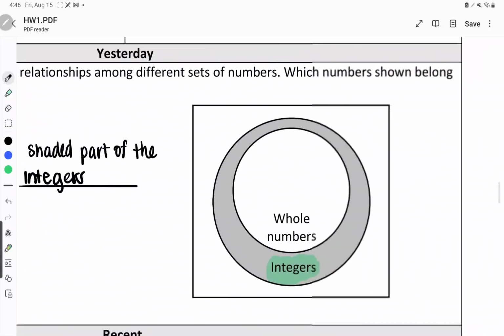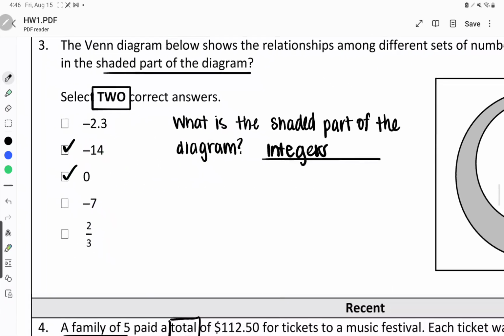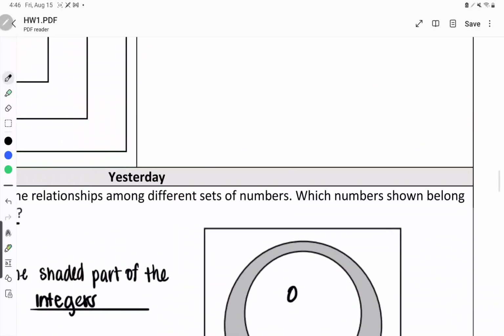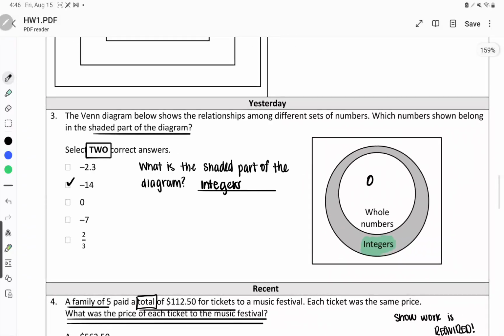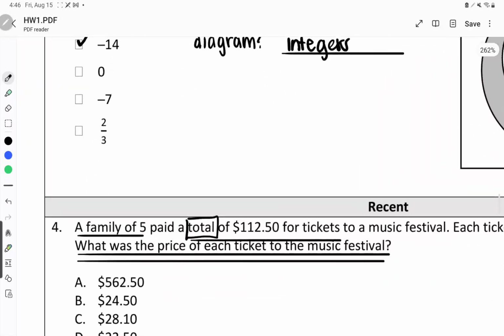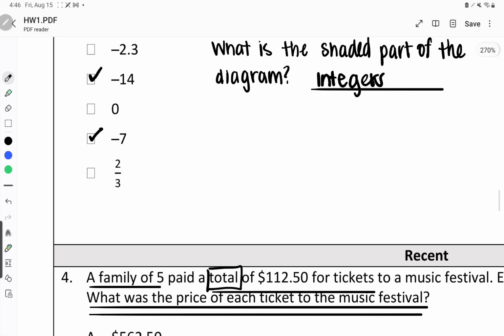That's actually not true. 0 would go in whole numbers. Sorry. More specifically, 0 would go in the whole numbers, not just in integers. 0 is an integer, but it would go in the whole number spot. Okay, and then -7, is that an integer? -7 is an integer. It is a negative number with no fractions or decimals. Is 2/3 an integer? No, it has a fraction.